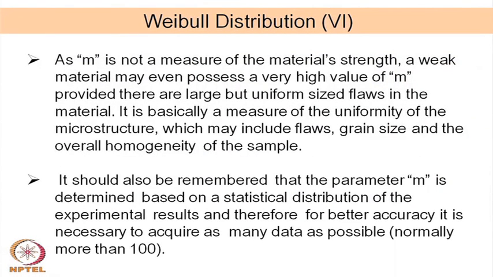As m is not a measure of the material strength, a weak material may even possess a very high value of m, as long as the variation of the properties, the variation of the strength, is not large between the different measurements or between the different samples of the same piece.